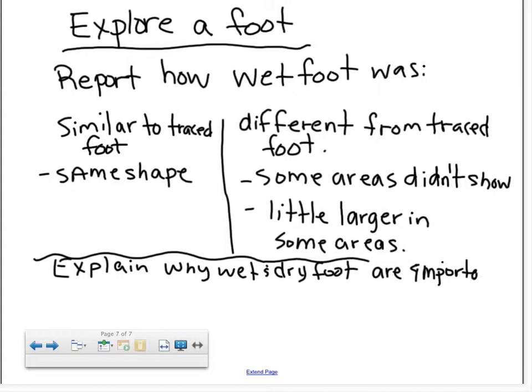You're not writing this because it's already on your paper. It says for sneaker design, not foot. Why do you think a dry traced foot and a wet foot are important? Because some people's feet sweat. Well, yeah, they do sweat, but what else? Come on, Chris.